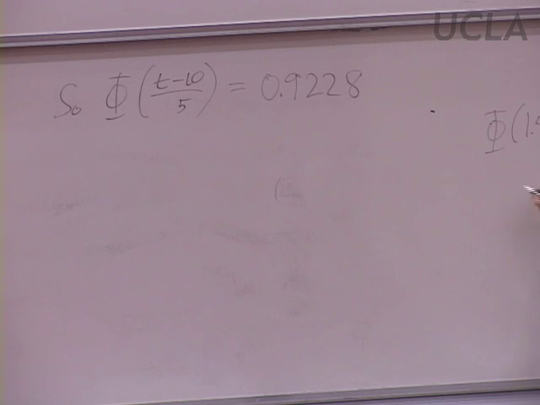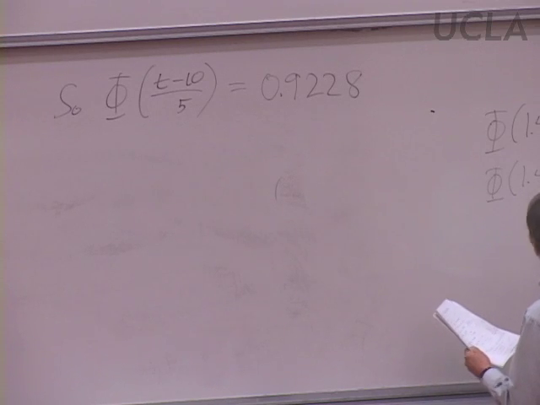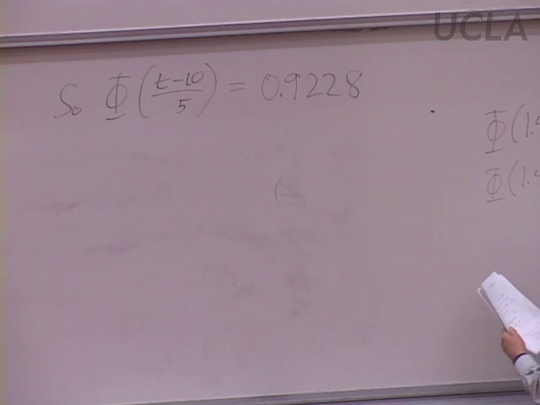And the closest things that we can find in our table are 0.9222, that's a little too small, and 0.9236, that's a little too big.